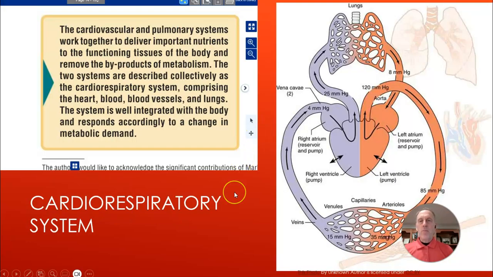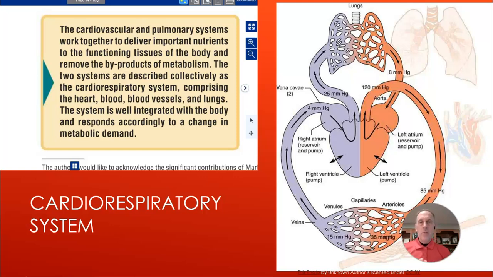All right, so the cardiovascular and pulmonary systems, if we take those two words, you look at the whole system, this whole circulatory system that happens in the body. It's partially the heart, which is the pump, the lungs, which is where part of the oxygen and CO2 exchange happens, and then also down in the capillaries in the muscles where the oxygen and CO2 exchange happens.